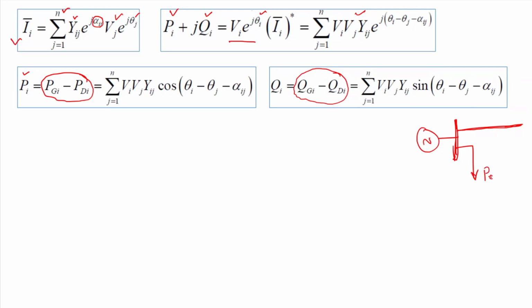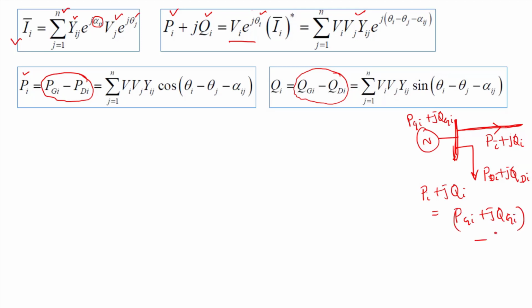So let us say this load is PDi plus jQDi, and the power generated by the generator is PGi plus jQGi. Now, the injected power to the network is Pi plus jQi, which is nothing but equal to PGi plus jQGi minus PDi plus jQDi, right? So just Kirchhoff's current law we can apply here, and that will give us the power injected into the network at a particular bus.